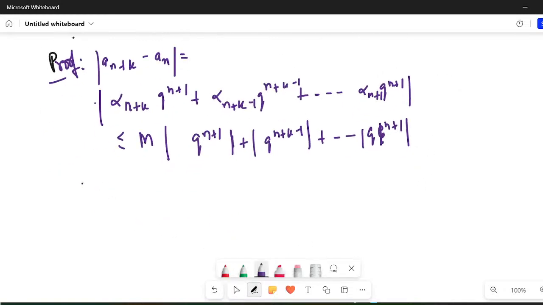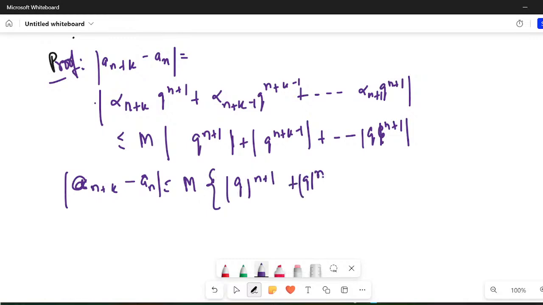So I will write that mod a n plus k minus a n is less than or equal to m times mod q to the n plus 1 plus mod q to the n plus k minus 1 and so on.